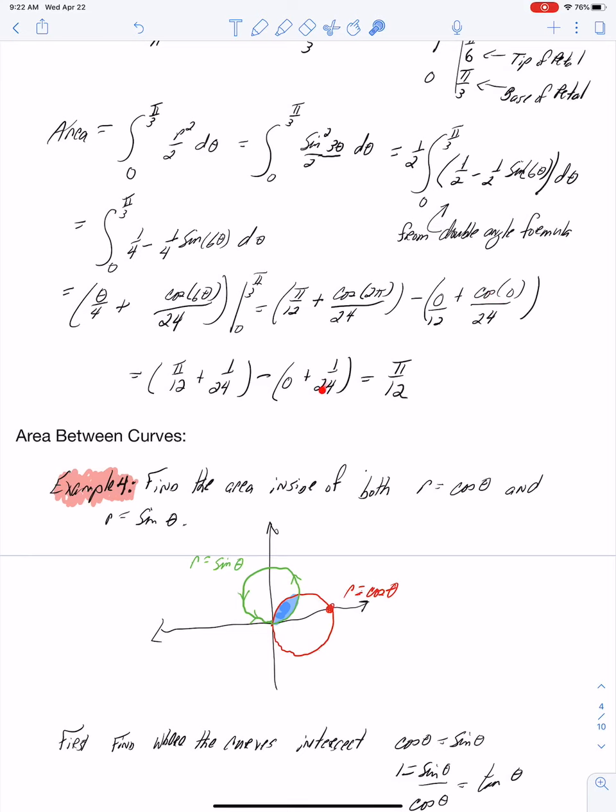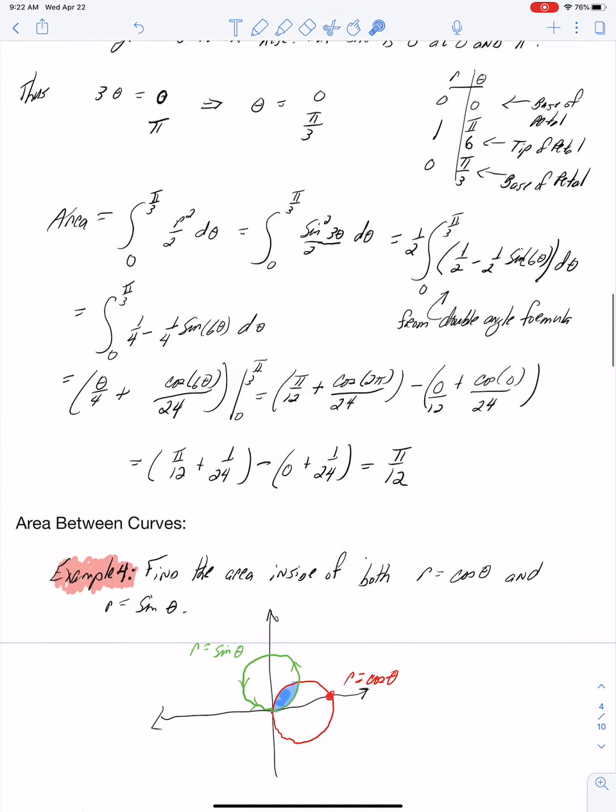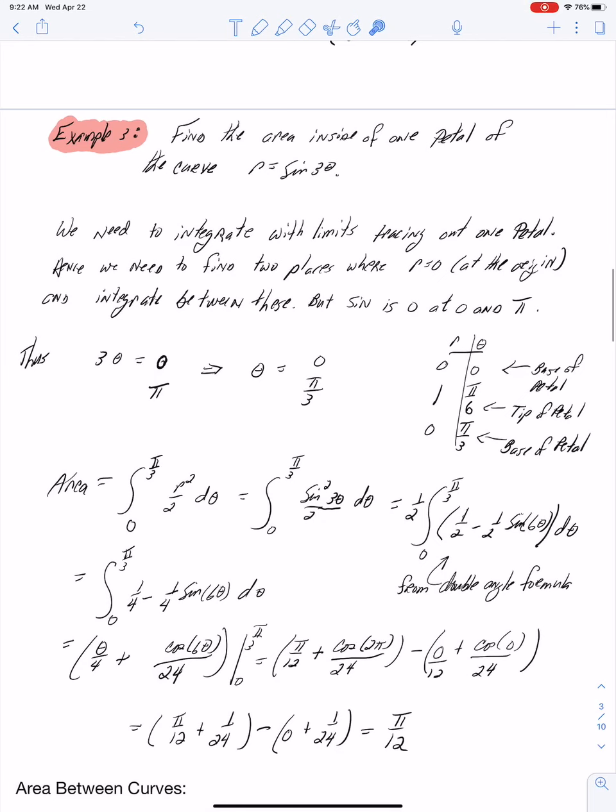So I get 1 over 24. My 1 over 24s cancel, and my answer is pi over 12. And that, my friend, is the area inside of one petal, where that's the petal curve.